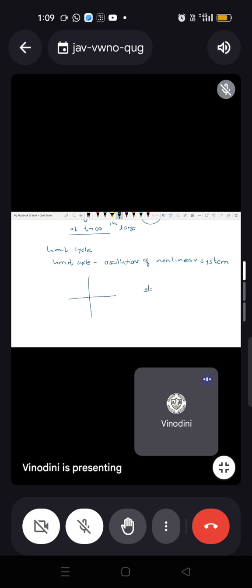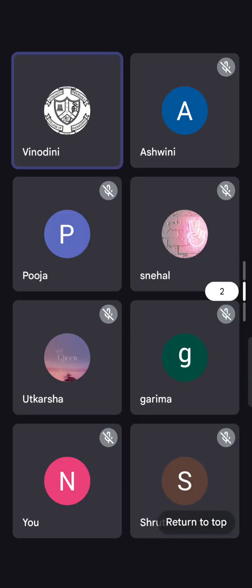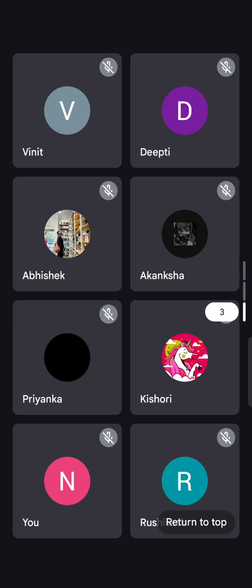Stable limit cycles. These are the x1 points, x2 points, all these points. Suppose it is started here, then these are the limit cycles. These trajectories can be like this, but they are bounded within tolerable limits.